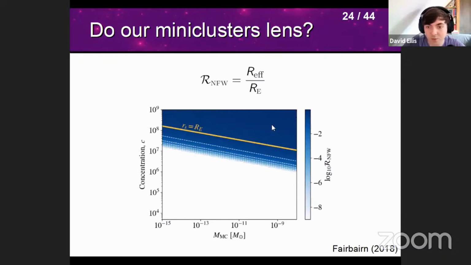And so up in this blue region, this ratio is very close to 1. So these are very centrally dense objects. They essentially lens like point masses. But as your Einstein radius gets larger than the scale radius, you very quickly get to a point where you're not able to see any lensing at all. The effective radius becomes 0.